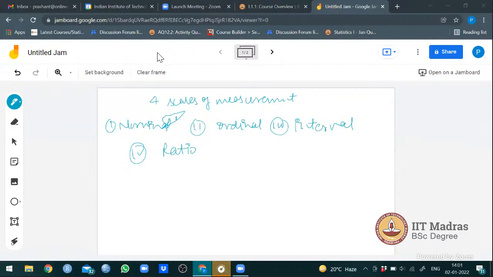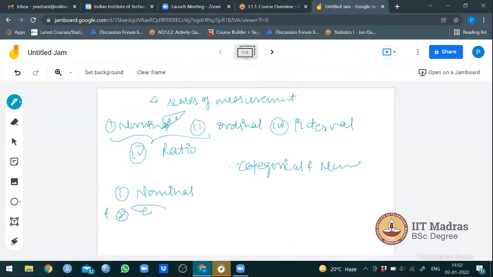So, categorical data and numerical data. Generally, nominal and ordinal, these two are used for categorical data.